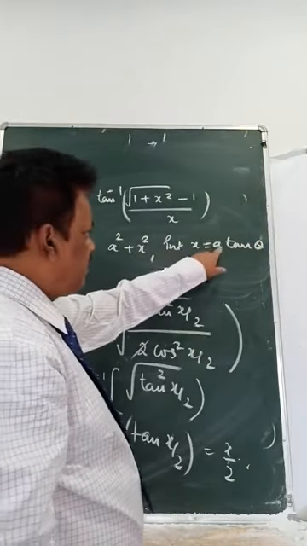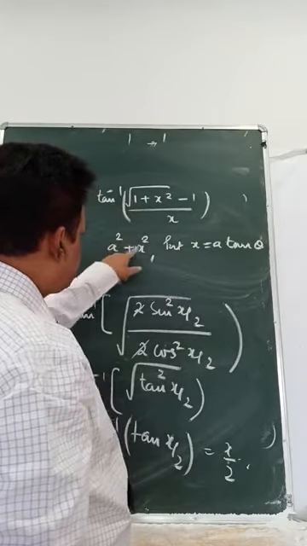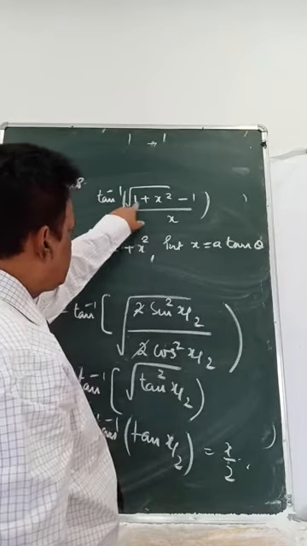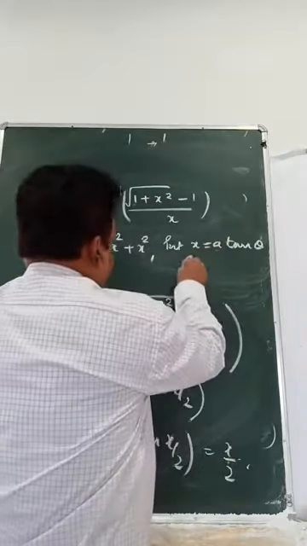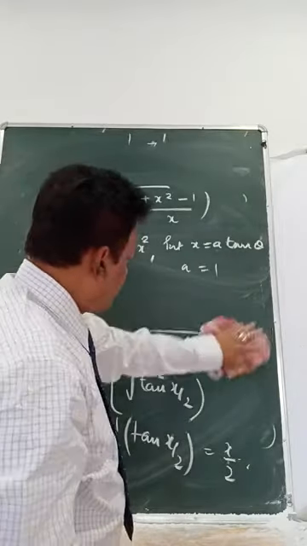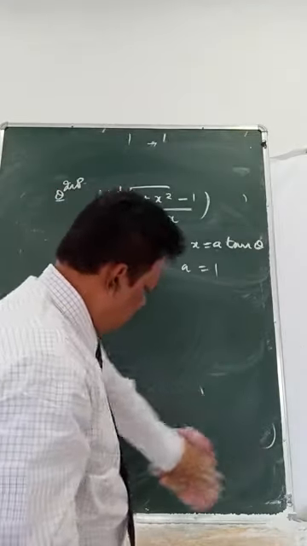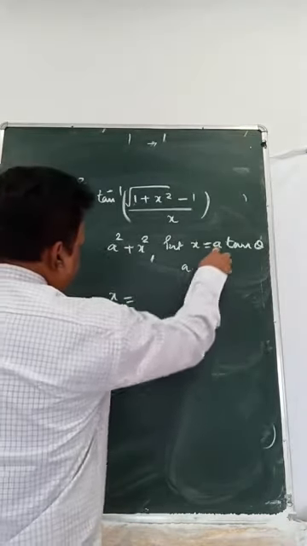So what is a for us? Now here a is 1. See, a square plus x square, that means your a is 1. Then what will be my substitution here? Then it will be x equals a, meaning 1 tan theta.